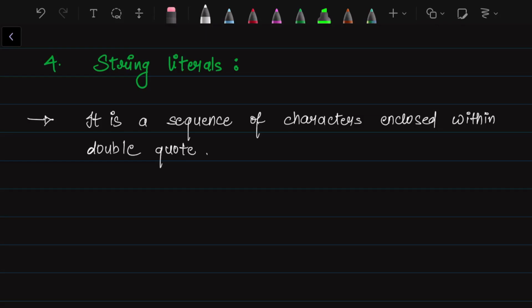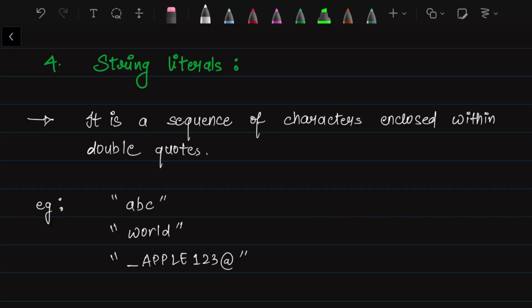For example, in double quotes, if you write ABC, or world, or underscore apple 123 at the rate, all of these are string literals.